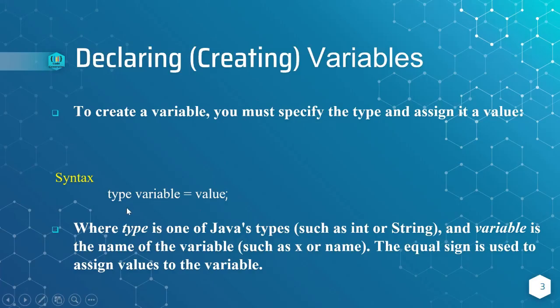So this is the syntax where type is one of Java's types. It can be string, int, or float, or anything. And variable is the name of the variable such as x or name. As we have written text, minum 1, minum 2, it can be anything. The equal sign is used to assign a value to the variable.